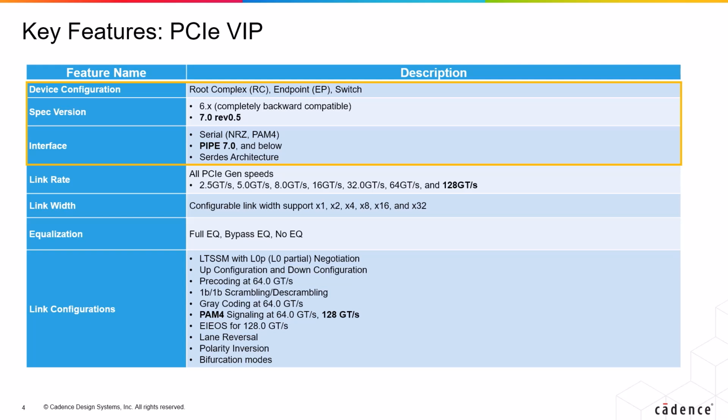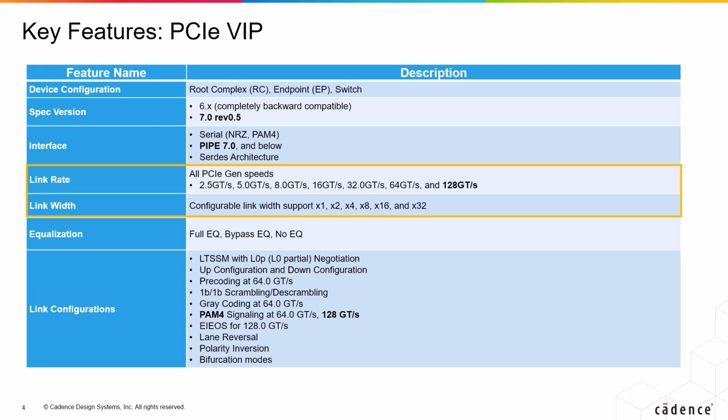Cadence PCIe VIP supports various flavors of the PCIe interfaces, mainly serial and pipe interfaces. Based on the version selected, the serial interface can be configured in NRZ or PAM4. PIPE version 7.0 and below can be exercised. It also has SerDes architecture implemented if required to test DUT SerDes.